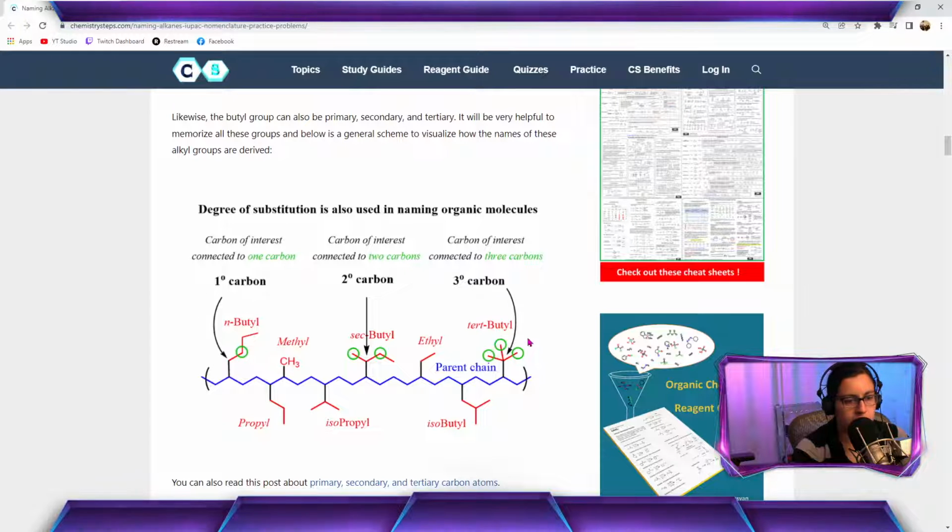Tert-butyl groups, this group may come up often. Anytime you see the parent attached to the tertiary carbon, so a carbon attached to three carbons, that's your tert-butyl group.